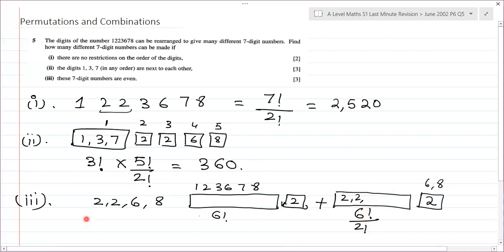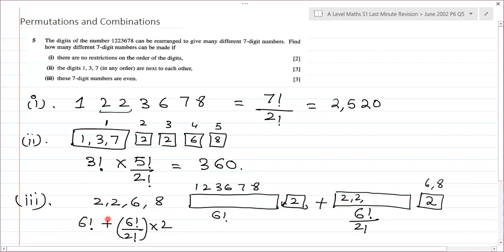So that's going to give me 6 factorial for the first option, which is ending with a 2, plus 6 factorial divided by 2 factorial, multiplied by 2, because this can end with a 6 or an 8. It's going to have two 2's in the center, so that's why it's divided by 2 factorial.